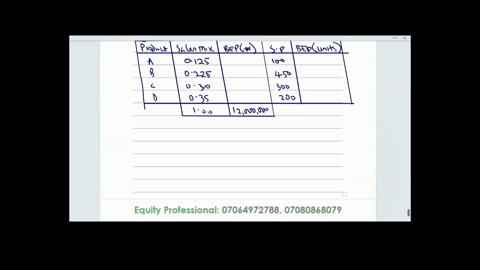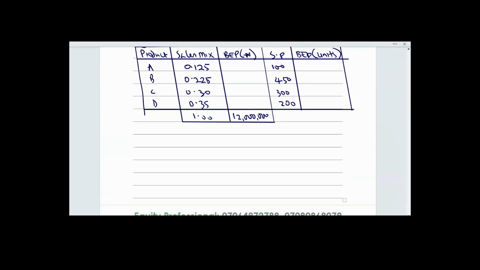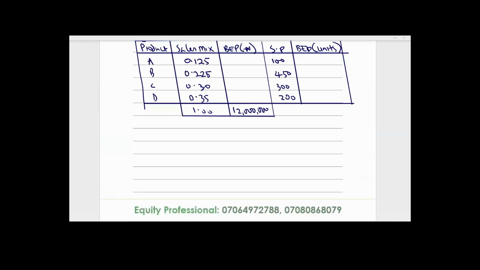So I would then say 12 million multiplied by 0.125 equals 1.5 million, divided by 100, that's 15,000 units.